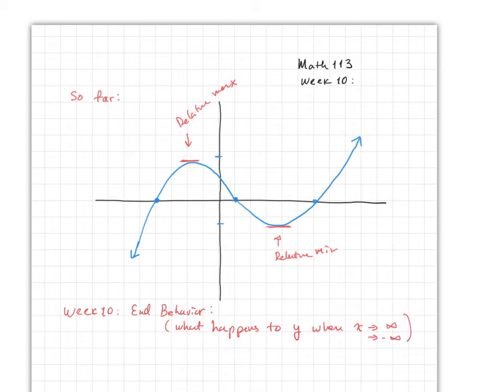For example, if you look at this graph, clearly as x keeps getting bigger and bigger, y is going to infinity. And as x goes to minus infinity, y goes to minus infinity. So that's what we mean by end behavior.